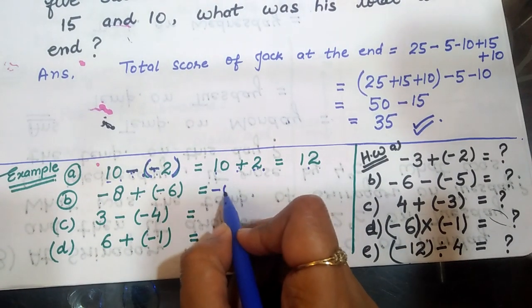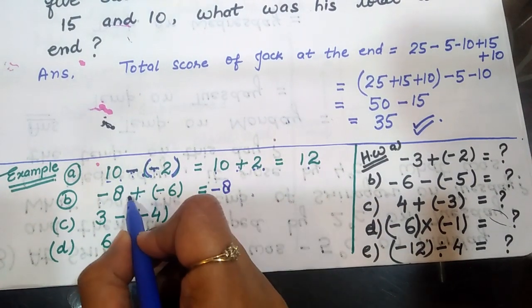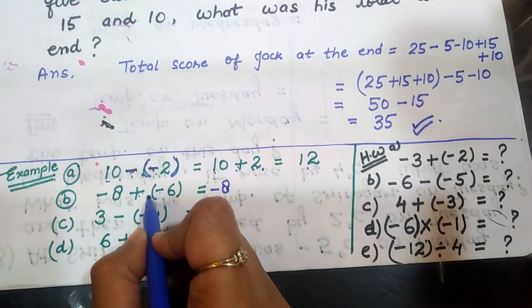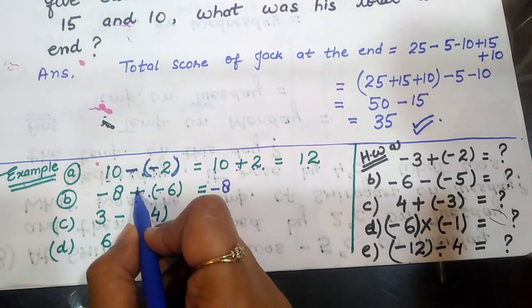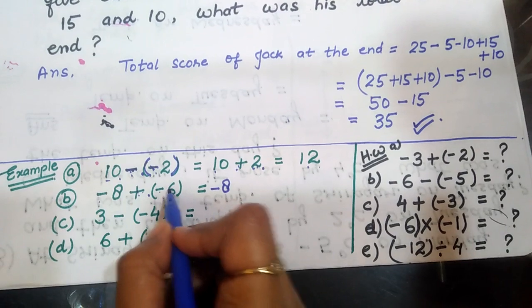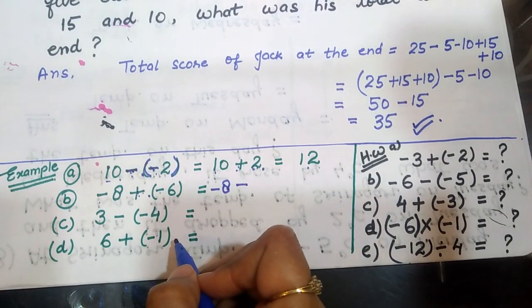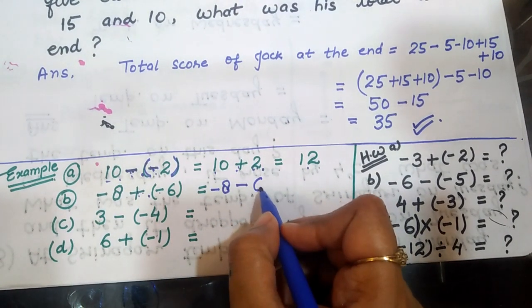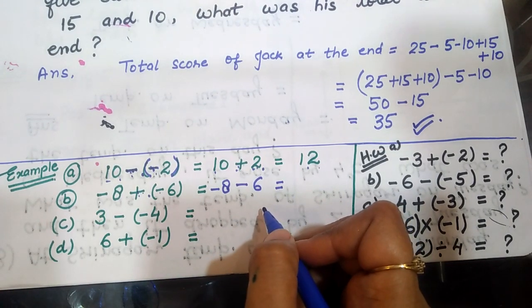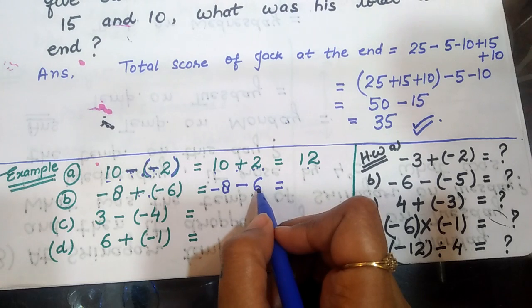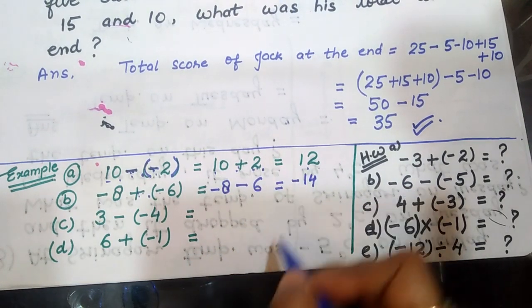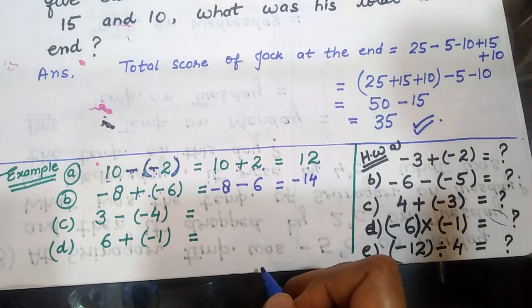Another example, minus 8 plus minus 6. So minus 8 will be minus 8. Between this plus and minus, which sign is there? Multiplication. So plus minus is opposite, minus. So minus 6 will come here. Now minus 8 minus 6: we add, 8 plus 6 is 14, and the sign of the greater will come here.